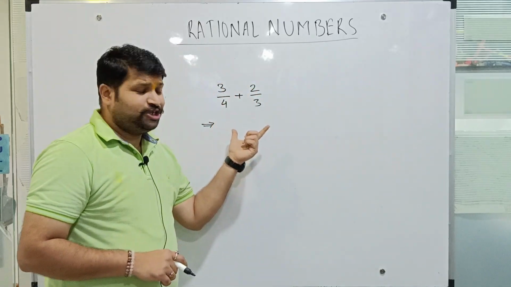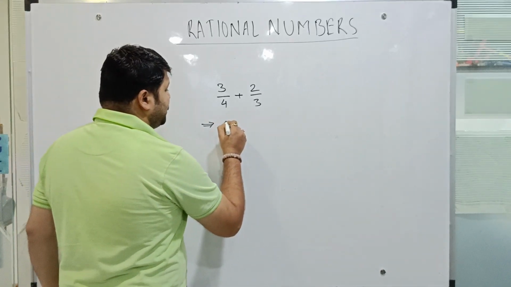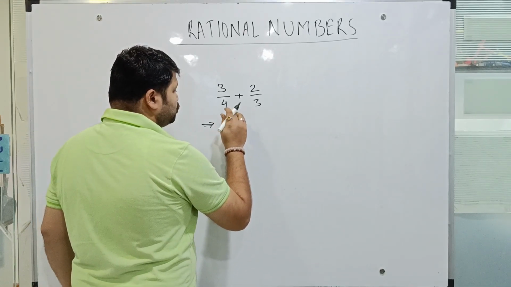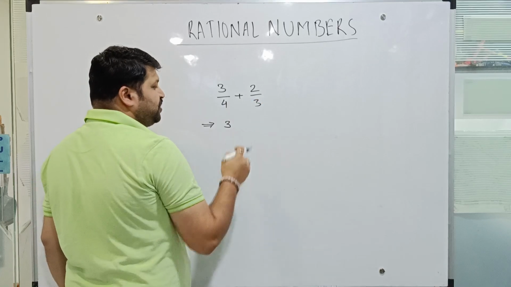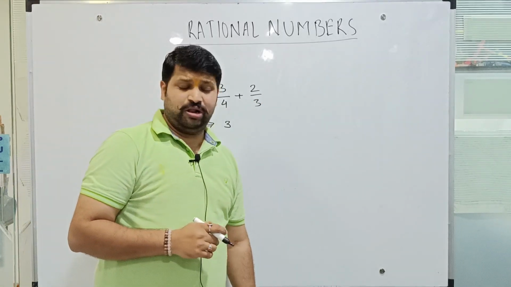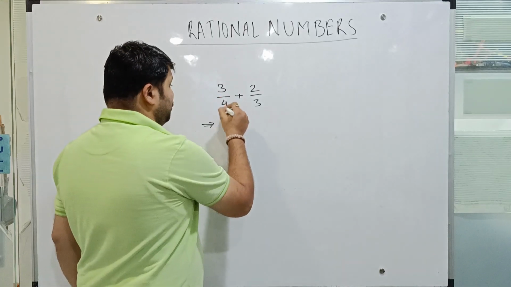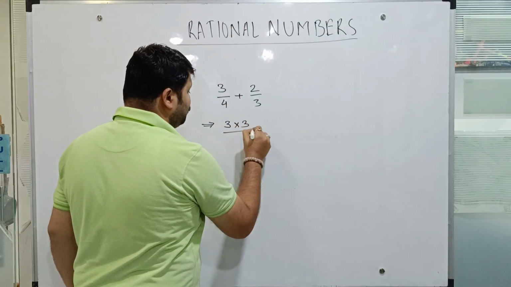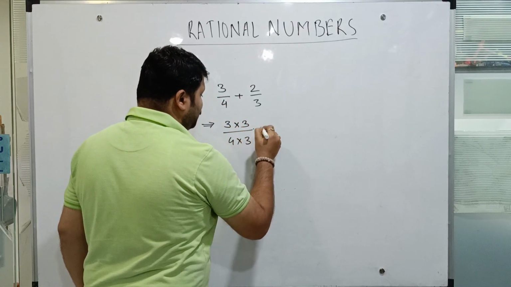So let us see what we do here. Since the denominators are 4 and 3, I have to make the denominators the same. The LCM of 4 and 3 is 12. To make this 4 into 12, I'll have to multiply the numerator and the denominator by 3.